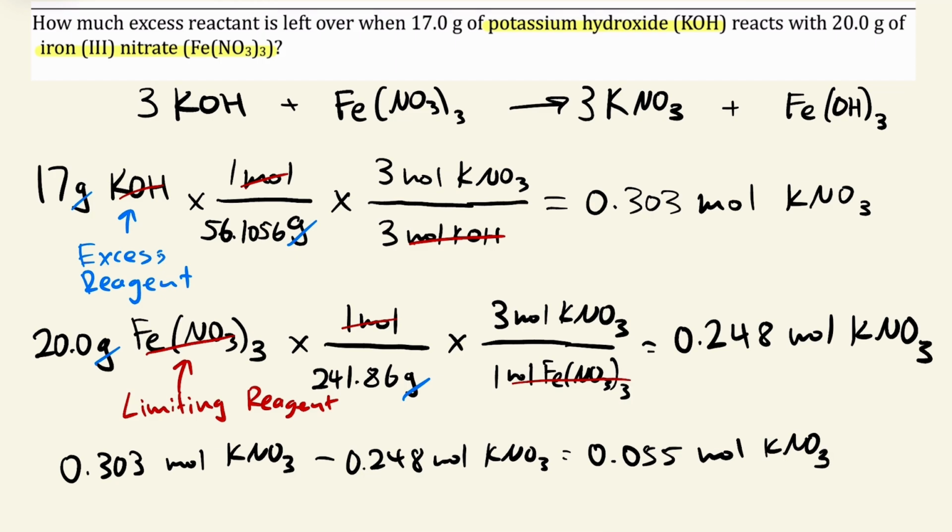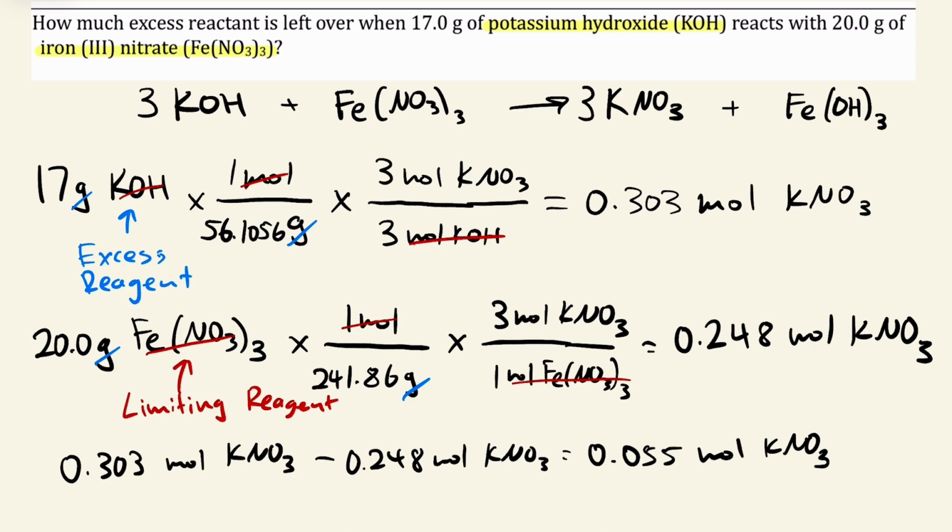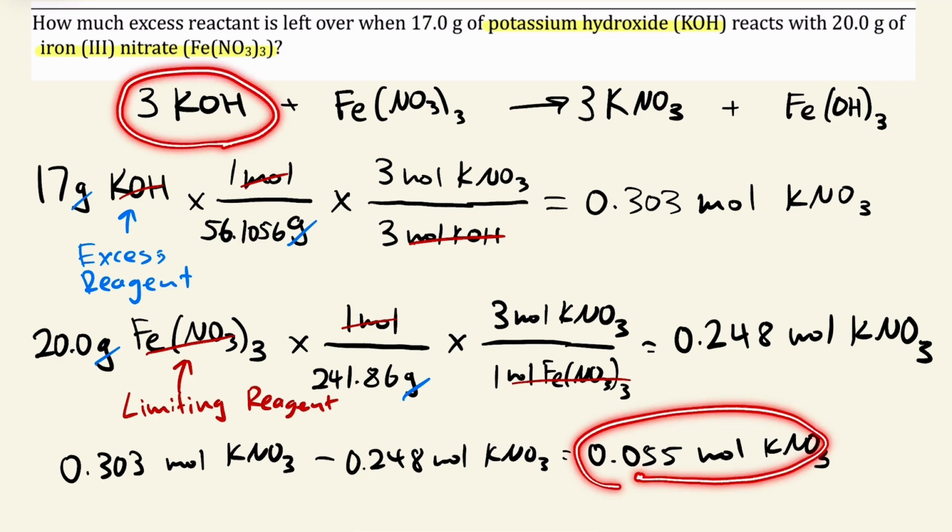What this answer means is that if we had more Fe(NO3)3, we could have produced an extra 0.055 moles of KNO3. So what we're going to do now is take this number here, moles of KNO3, and go backwards and calculate how many grams of KOH this equates to.